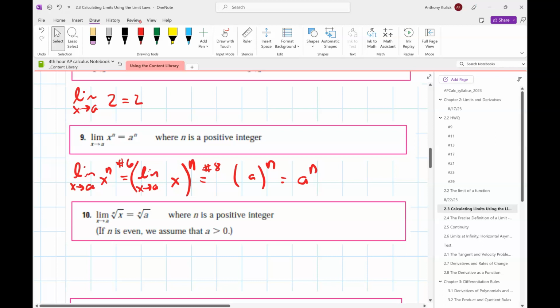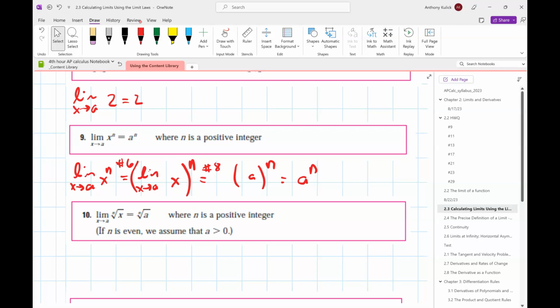Number 10 says the limit as x approaches a of the nth root of x is just equal to the nth root of a. How would we prove that? You can make it 1 over n.